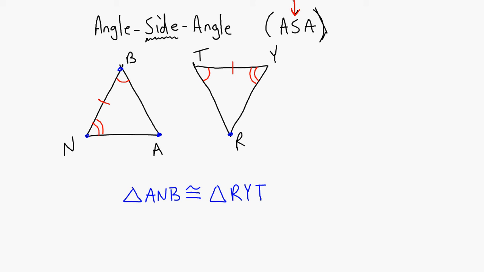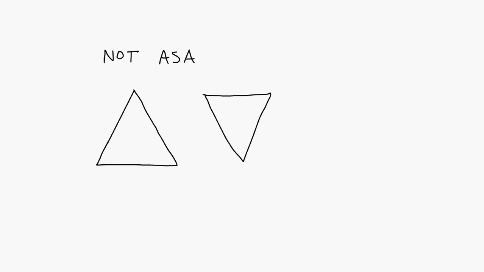Let's draw an example where you would not be able to use angle, side, angle. So if we got a triangle over here and a triangle over here, and we're not even going to name them. Look, angle, side, angle. But then maybe this picture is something like angle, doesn't work, does it? They're not in the same order.